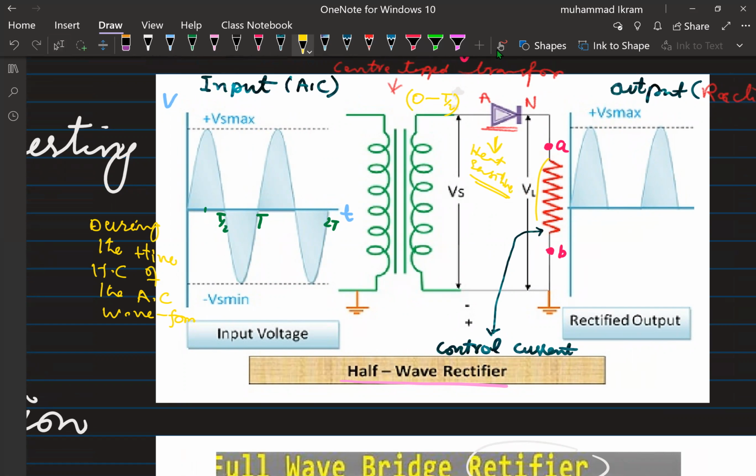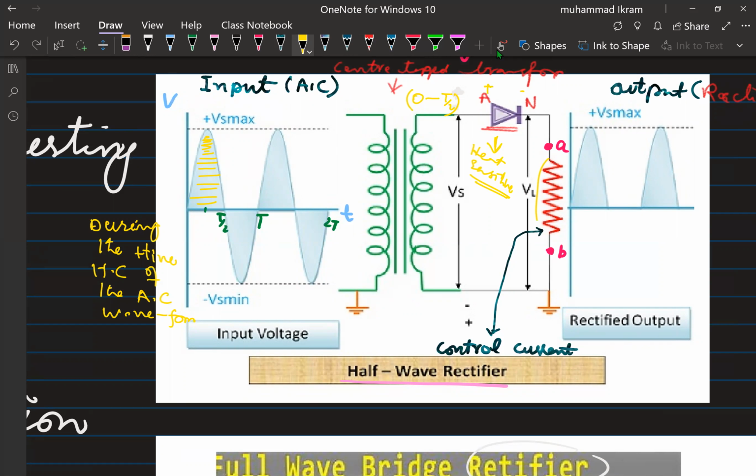What will happen during the positive half cycle, as you see here, the anode of the diode acts as if it is connected with the positive terminal, and this will become positive, and then this will become negative, as if it is connected with the negative terminal of the battery.